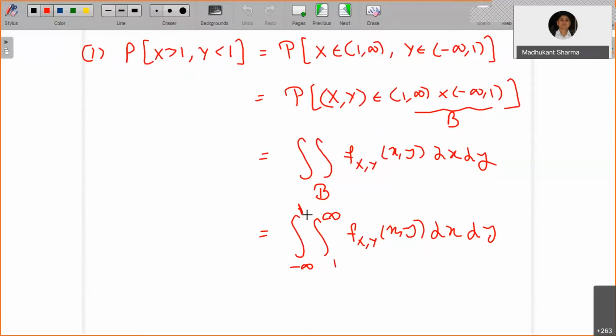Certainly this equals the integration from 0 to 1, integration from 1 to infinity of f_{X,Y}(x, y) dx dy, because minus infinity to 0 contributes 0. Now apply the definition, which is 2 times e to the power minus x times something.